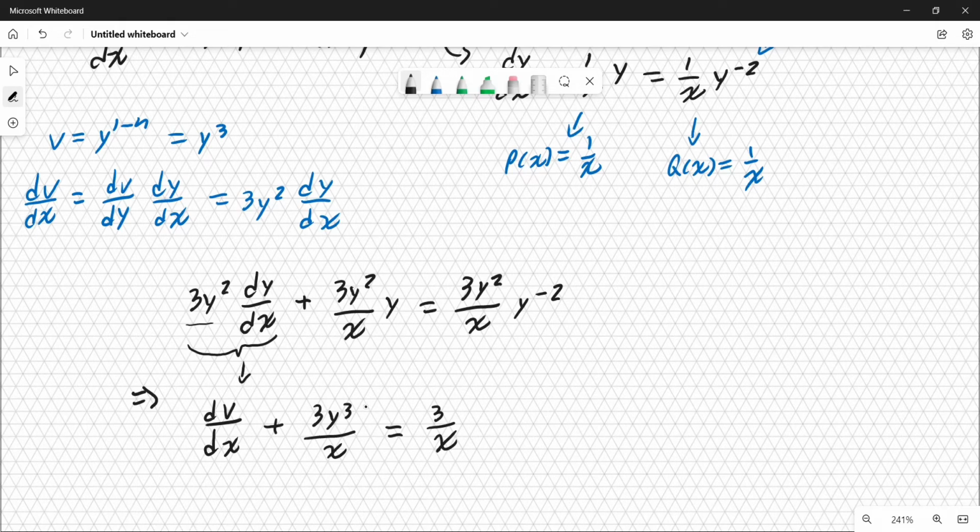Okay. y cubed is actually just v. So this actually turns into dv/dx plus, and we're going to take out the y cubed, 3 over x times v equals 3 over x.